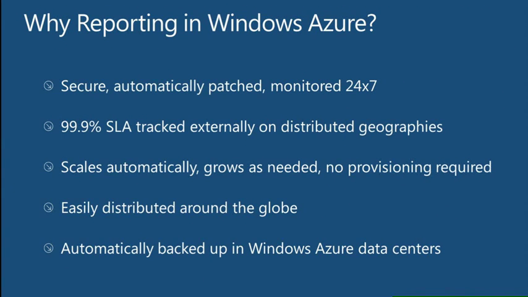And as with anything else in Windows Azure, it's replicated and backed up and available. Even if something happens to the entire data center, you will still be able to recover your data.